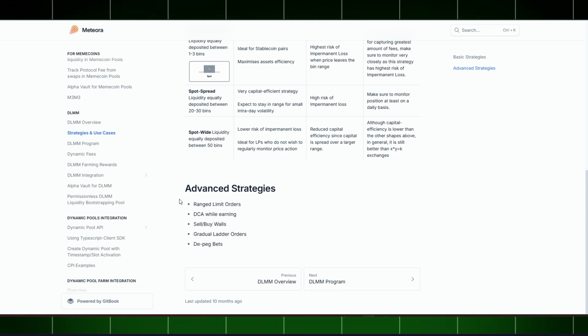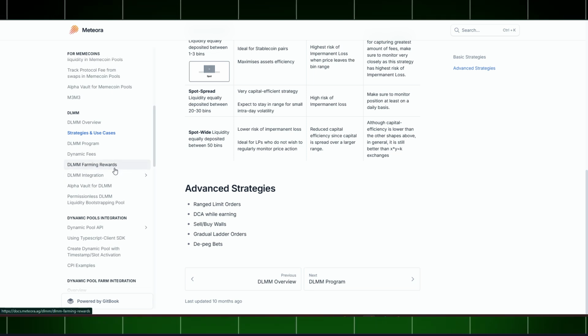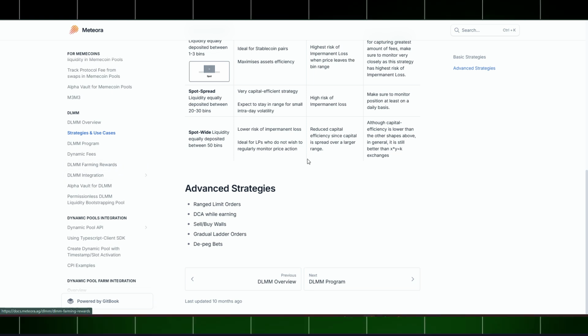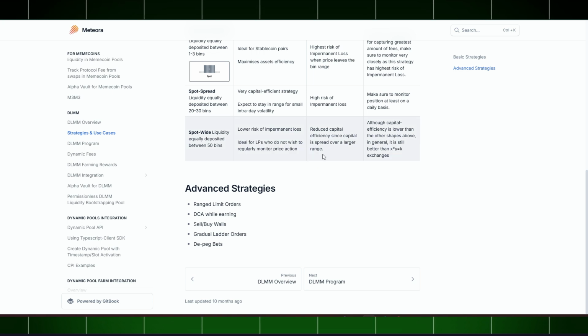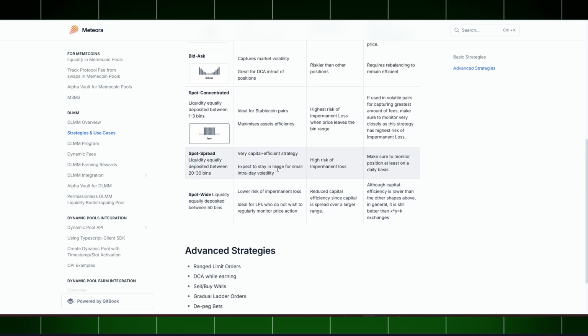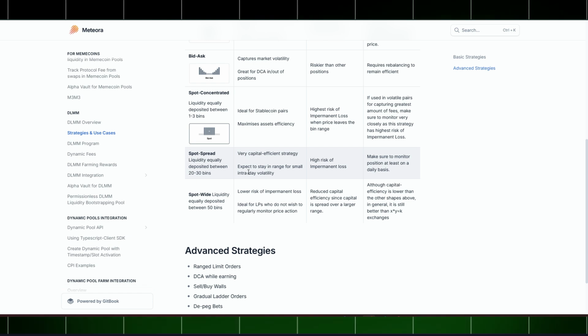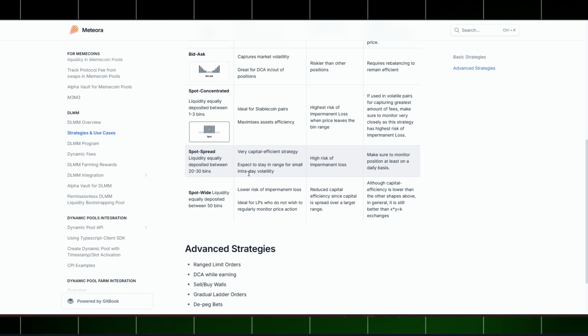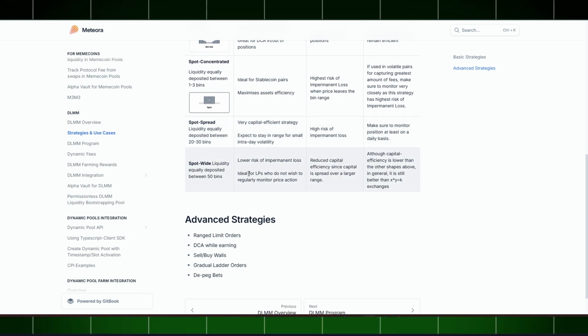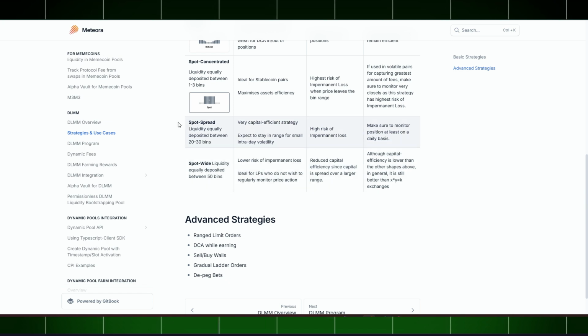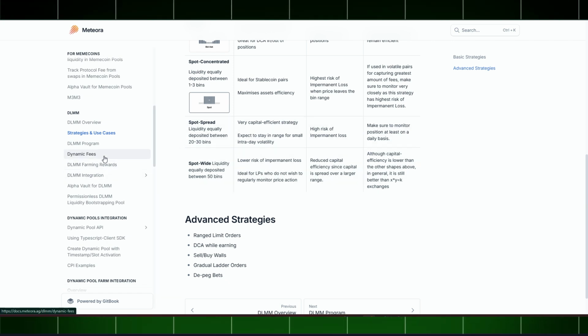So let's talk about the benefits of using DLMMs. DLMM offers several compelling advantages. First, high capital efficiency. By concentrating tokens around the current market price, DLMM can support high trading volumes with lower liquidity requirements. It also has zero slippage.